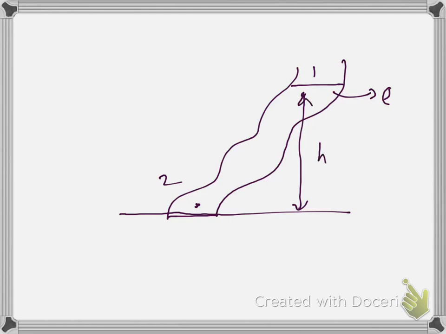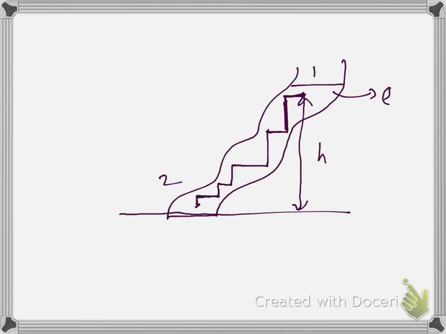From 1, go horizontally, go vertically. Horizontally pressure did not change, vertically pressure increased by a certain amount. Again go horizontally, pressure did not change, go vertically, pressure increased, and so on.